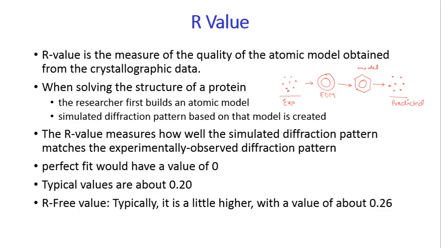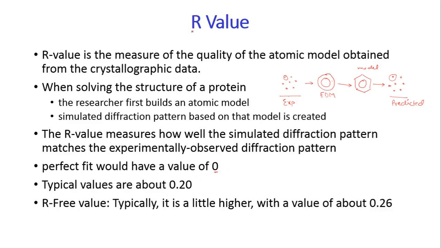A perfect fit would have the same spot in the predicted diffraction pattern as is present in the experimental diffraction pattern. If after predicting you obtain the same spot at the same location as in the X-ray crystallographic observation, the ideal value should be 0.